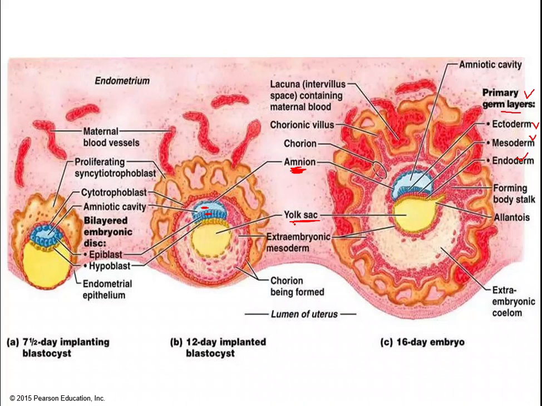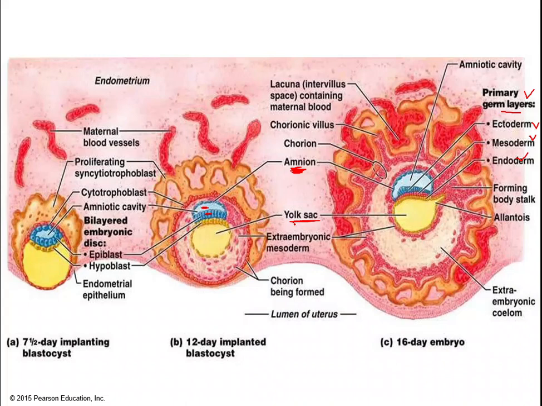It's going to serve as the first source of blood cells. Don't forget this, the first site of hematopoiesis, where we make blood cells. It's going to be the first source of the blood cells and also the first source of the primordial germ cells of the embryo's gonads.